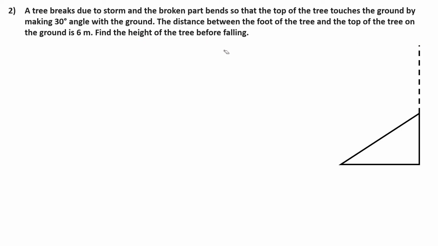Now let me name these things. Let it be point D, point B, here it is C and A. The tree is standing perpendicular to the ground level. Now the top of the tree is touching the ground and making a 30 degrees angle. And the distance is given as 6 meters.